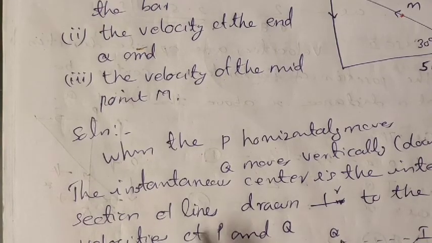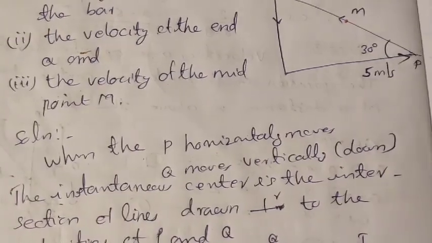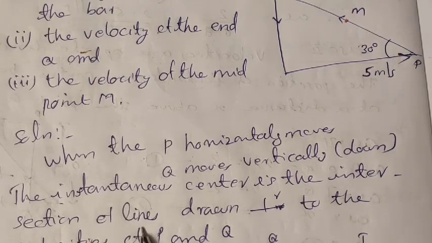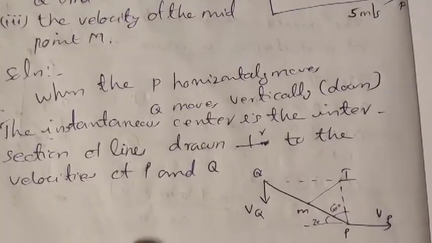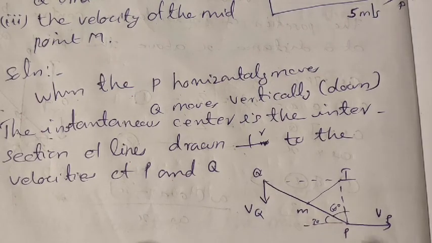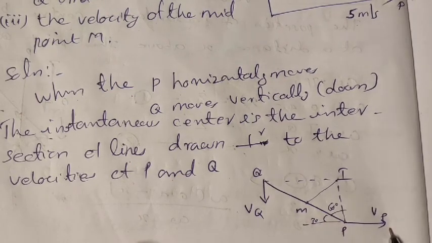So we take the instantaneous center. The instantaneous center is the intersection of lines drawn perpendicular to the velocities of P and Q. This is the velocity of Q and this is the velocity of P. We draw a perpendicular line from the velocity of Q, and the perpendicular line from the velocity of P is this one.